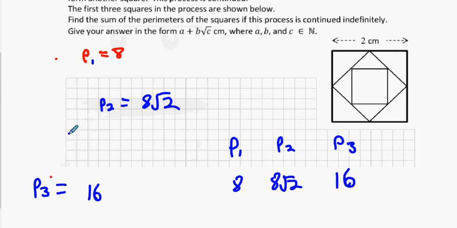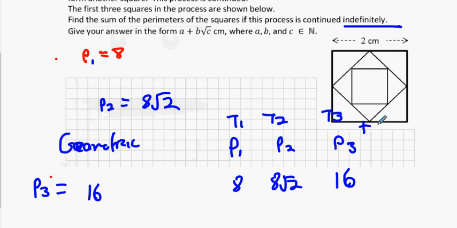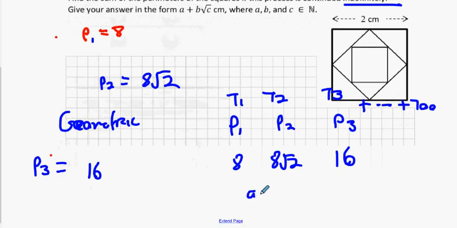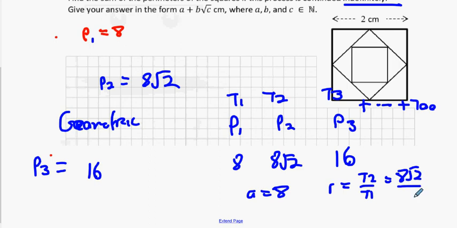So it's geometric. The same thing as T1, T2, T3 indefinitely, plus dot dot dot T infinity. Our A value is 8. Our R value is T2 divided by T1, which is 8 root 2 over 8, which is root 2.